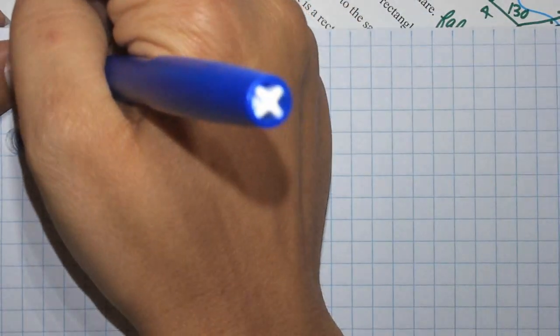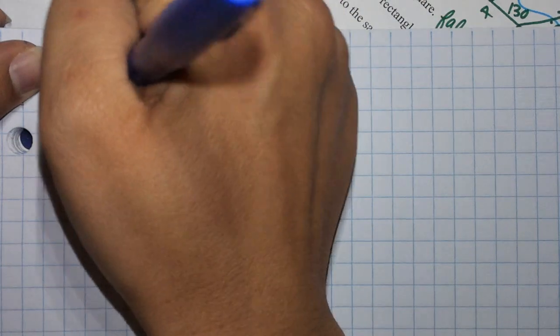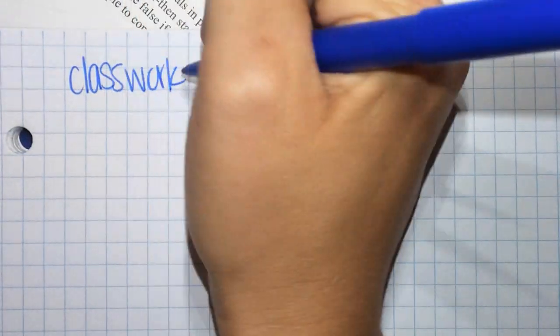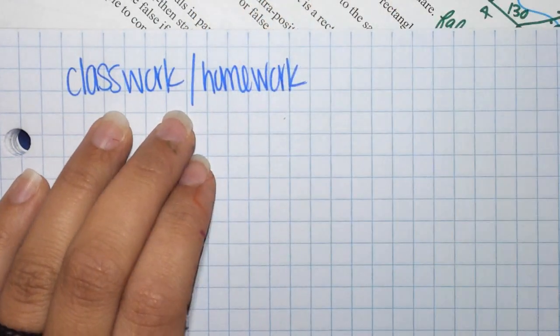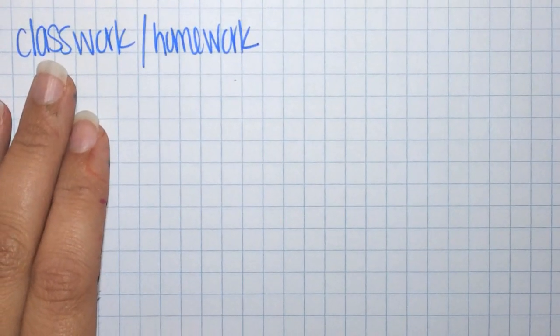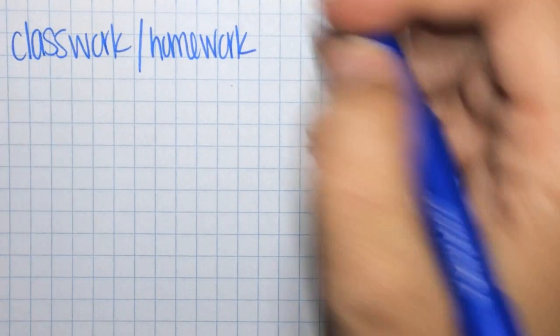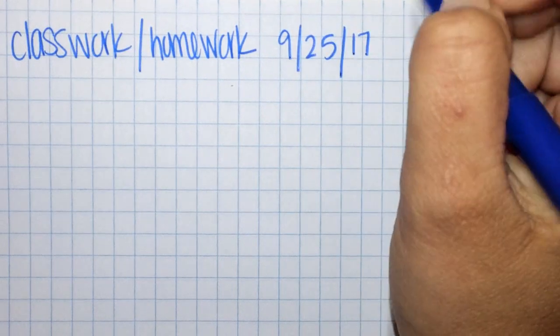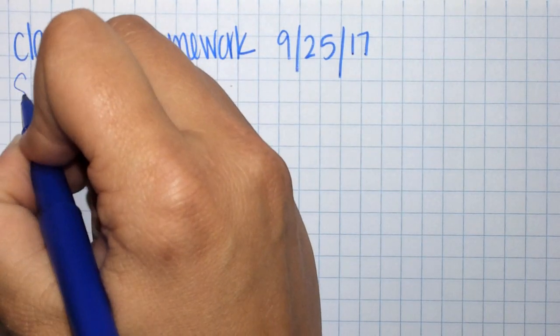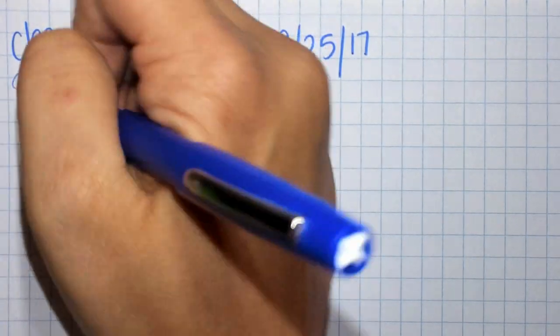Alright, so this is page 9C. And we're going to call this classwork/homework. If you don't do it, you get suspended. Yes. For 9/25/17. Alright, the directions say simplify.